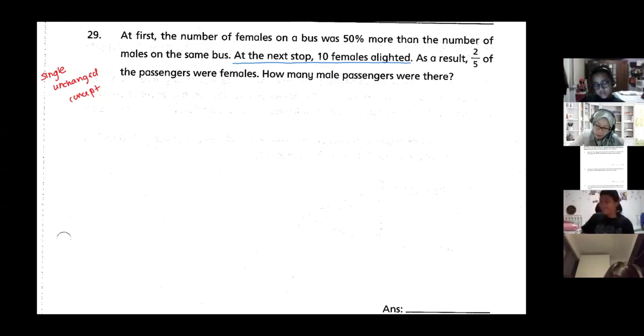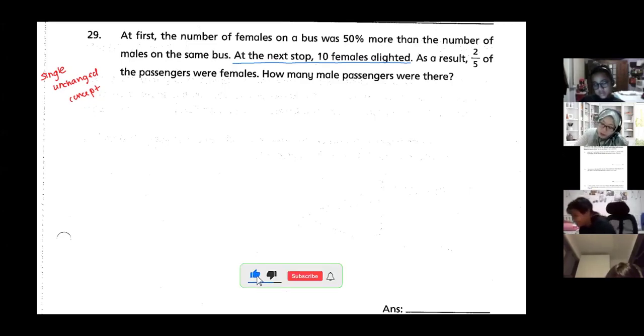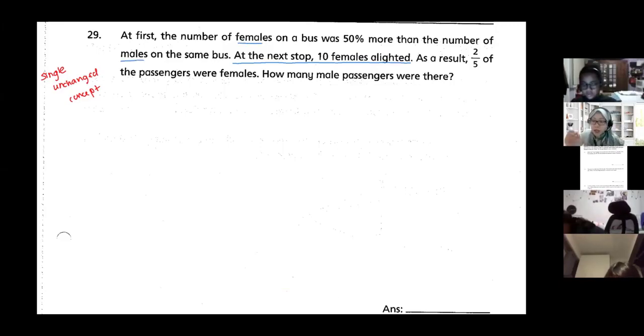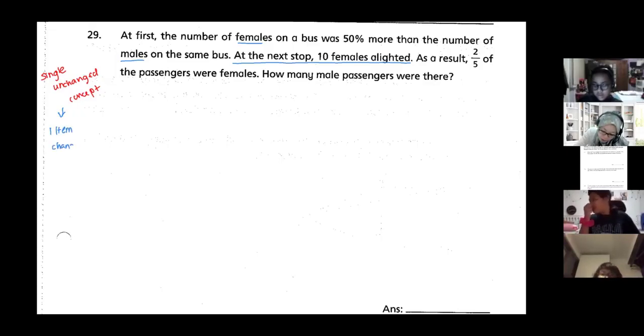In this question, you have females and you have males. However, the question only mentioned that females alighted. So when only one item changes, then it is under the single unchanged concept. One item changes.